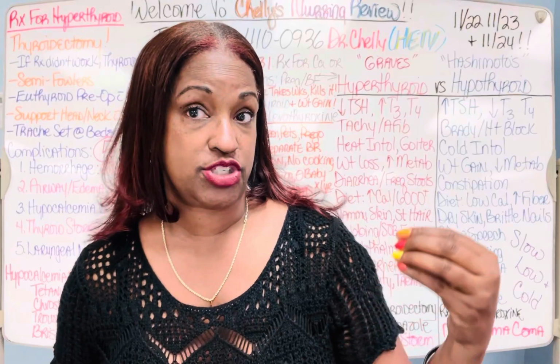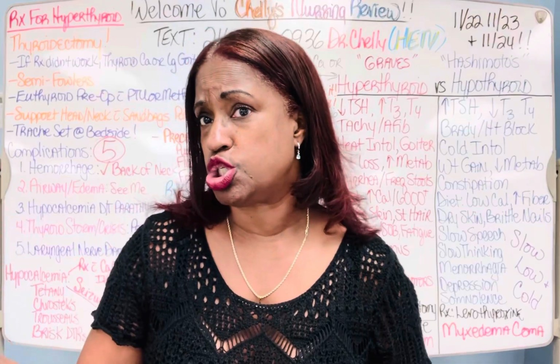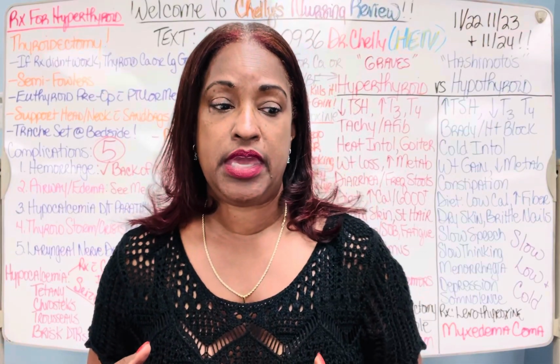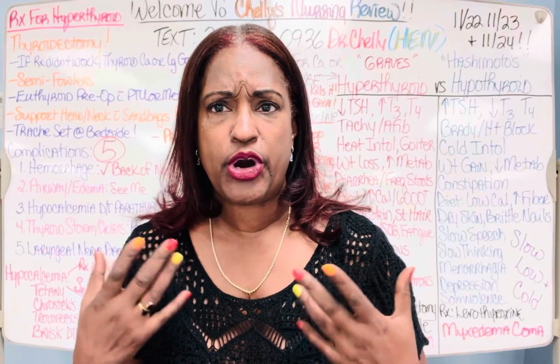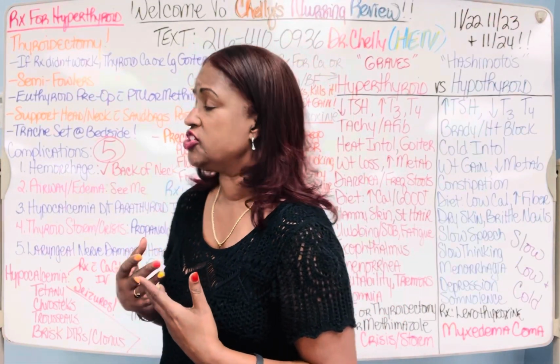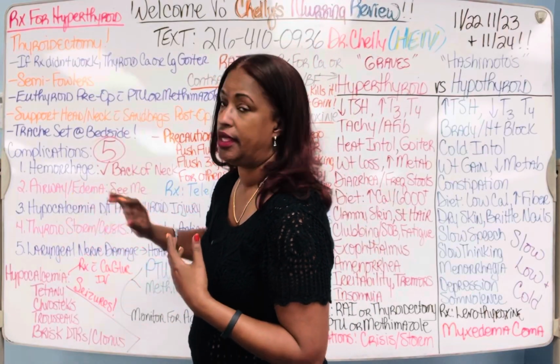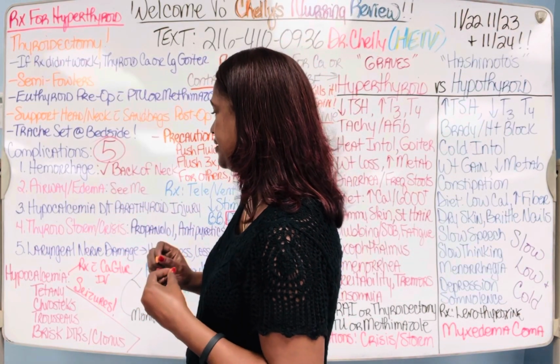There might be expiratory stridor, inspiratory stridor. There may be a bit of a whisper. There may be any number of things to tell you, oh gosh, this patient is not doing well in the airway department because the swelling is so bad.